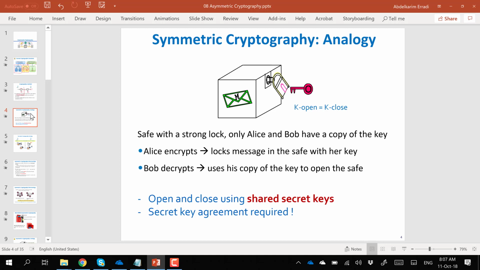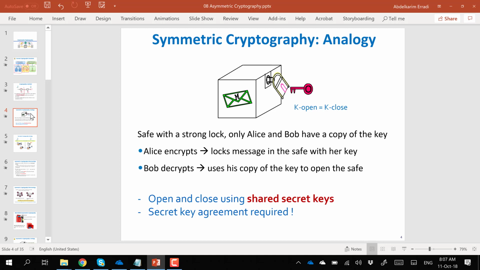What you do, you put it in a box, you lock the box with a lock, you have a key to lock it, and then you send it off to the recipient. The recipient has the box, and to retrieve the message, what do they need to do? Open the box. Now to open the lock, they need a key. And guess what? Both parties, the sender and the recipient, use exactly the same key.